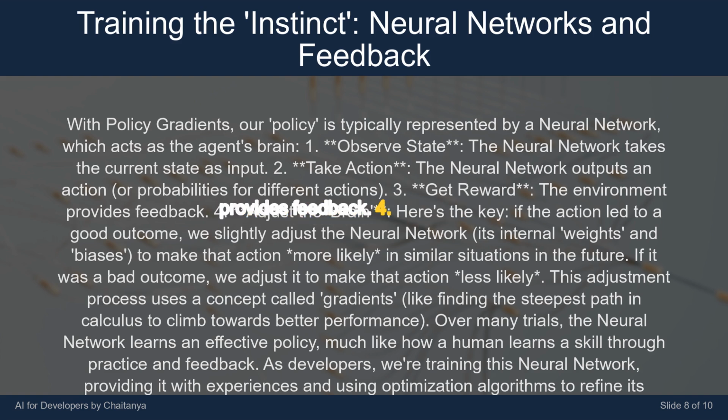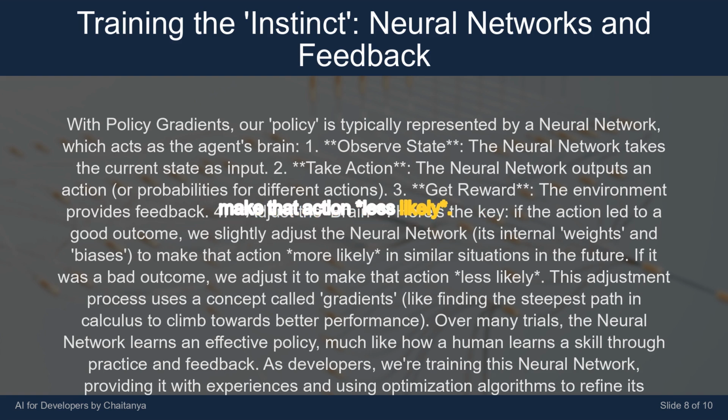The environment provides feedback. 4. Adjust the brain. Here's the key. If the action led to a good outcome, we slightly adjust the neural network, its internal weights and biases, to make that action more likely in similar situations in the future. If it was a bad outcome, we adjust it to make that action less likely.